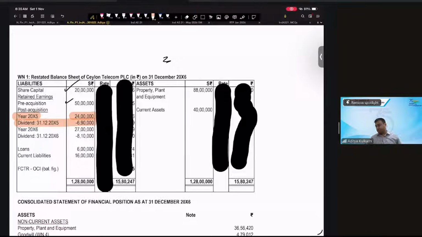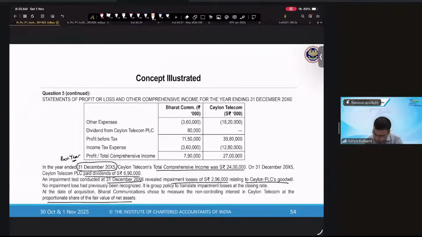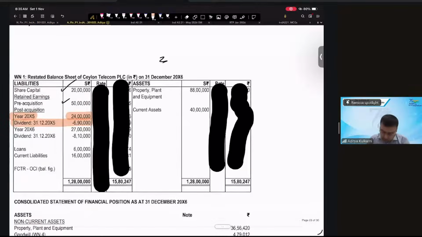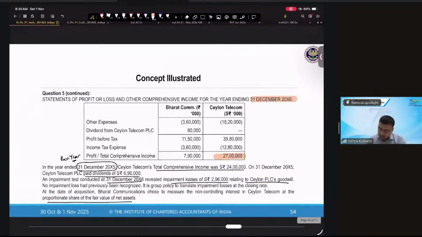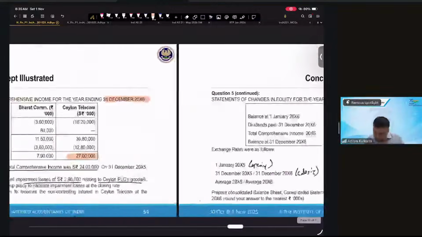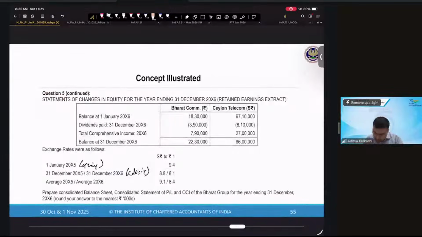Yes or no? Yes. And then profit or loss for 31st December, it is 27 lakhs. Correct? Yes. So add 27 lakhs. Year 20x6, 27 lakhs. And then somewhere anything is there of dividend. Yes. Dividend paid 8 lakh 10,000.